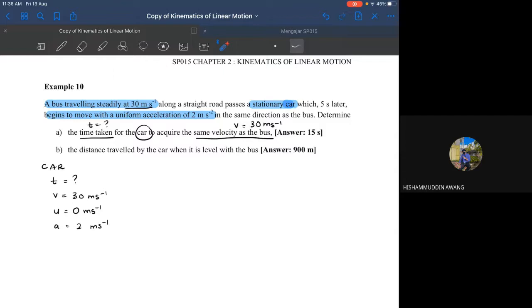Time tu tak boleh masukkan T equals to 5 second, sebab kita tengah cakap pasal time taken untuk dia capai velocity sama dengan bus. Time dia kat sini adalah time yang dia baru nak bergerak. So you tak boleh ambil time tu. Lagipun soalan minta time, jadi tak mungkinlah kamu akan ambil T equals to 5. So kat sini kamu dah boleh agak formula mana kamu nak guna.